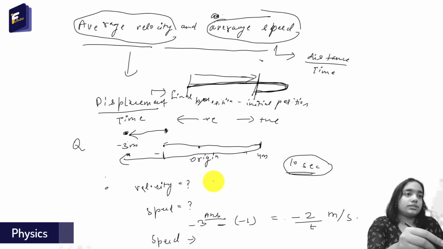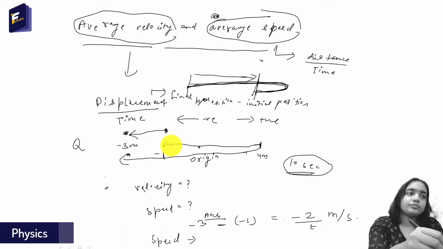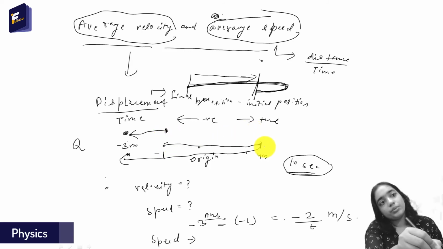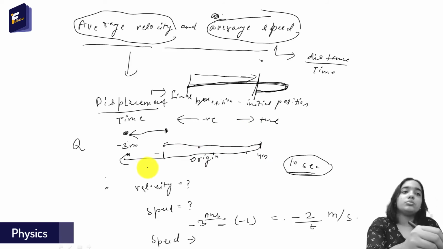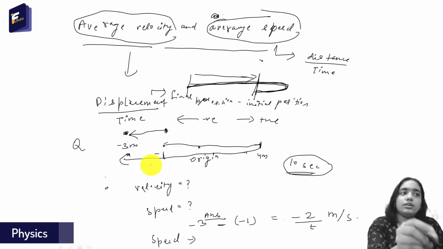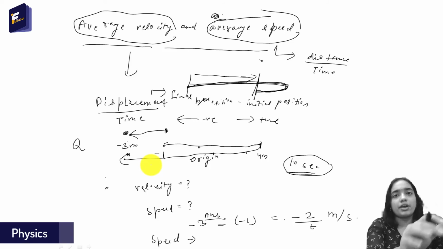So what is the total distance? When we talked about displacement, we ignored the fact that the particle had gone to 4 meter and then returned to -3 meter. We just saw that it was initially at -1 and finally at -3, and we subtracted and got the answer.